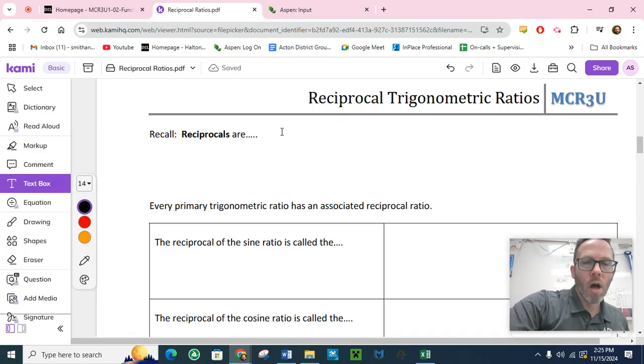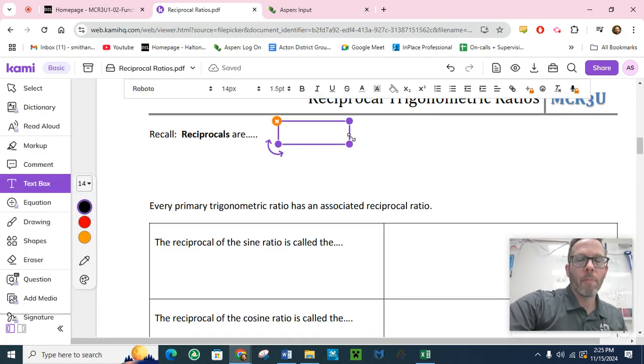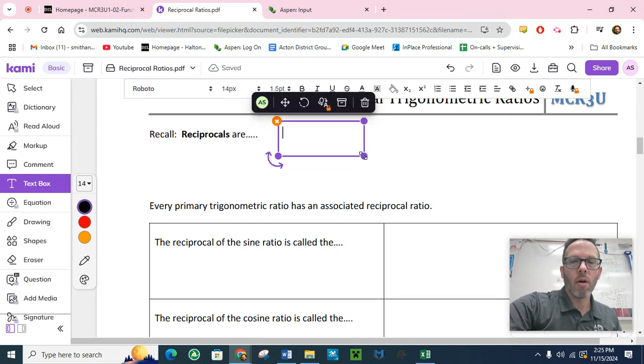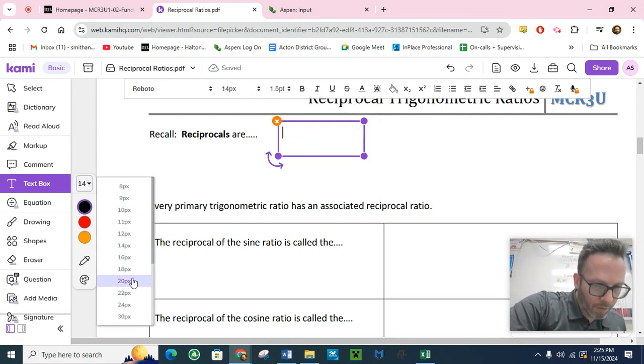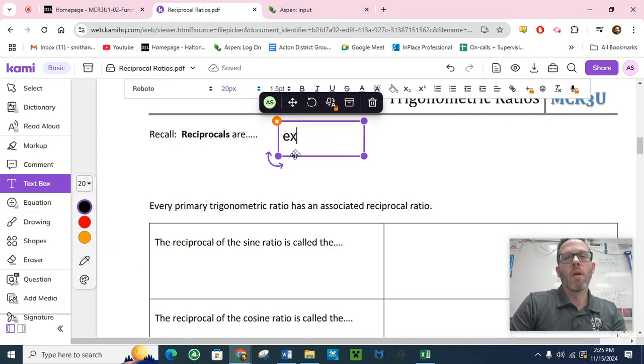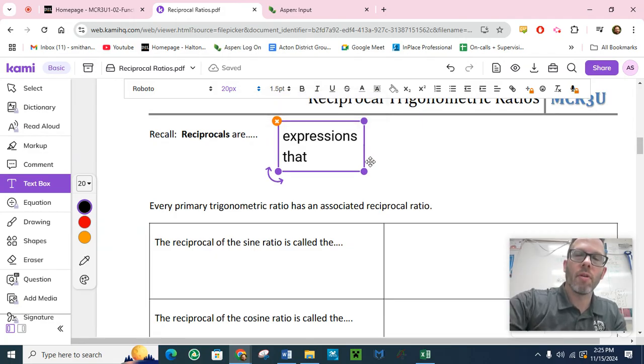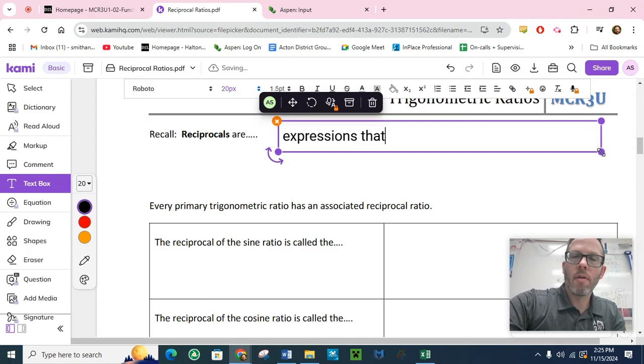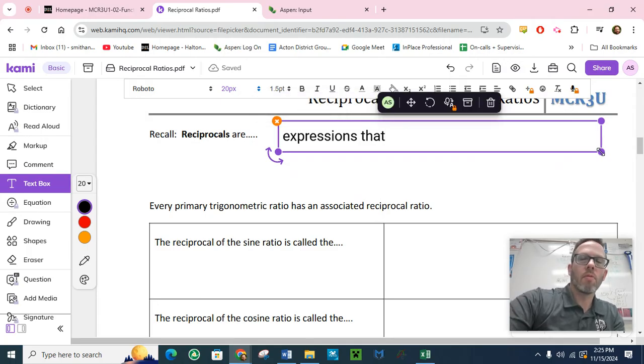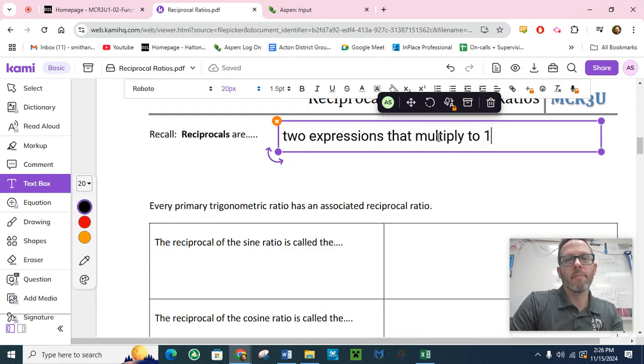So I'm going to type this in. Reciprocals are 2 expressions that multiply to 1.